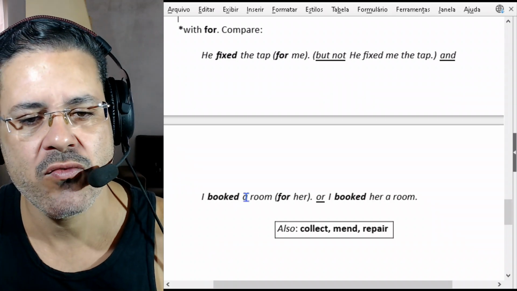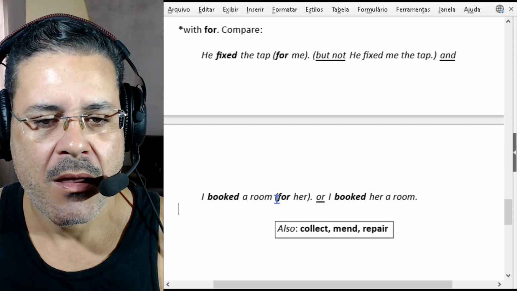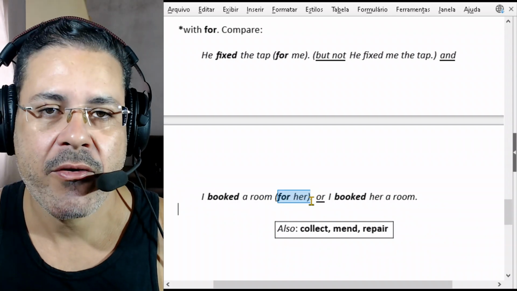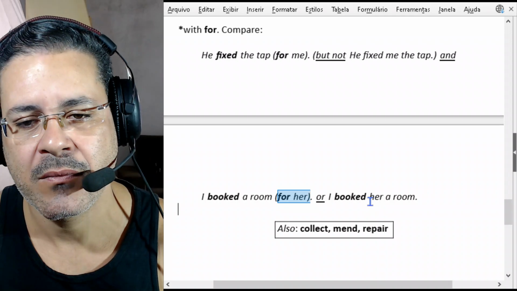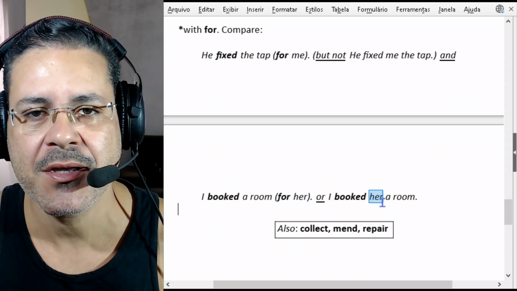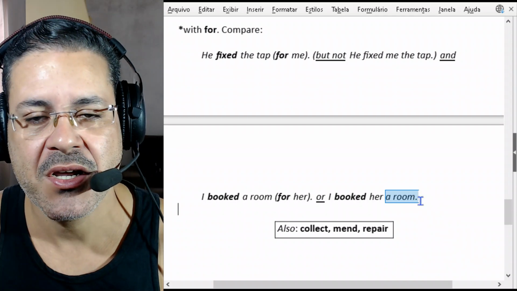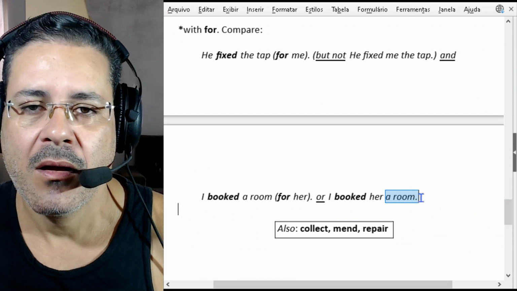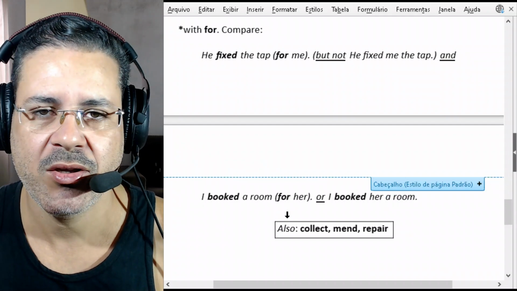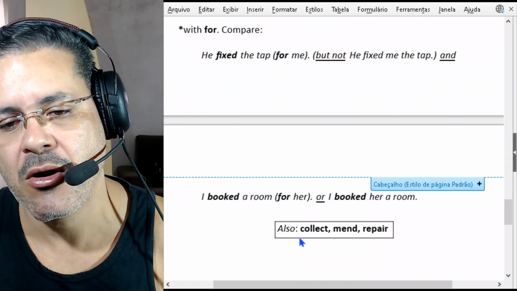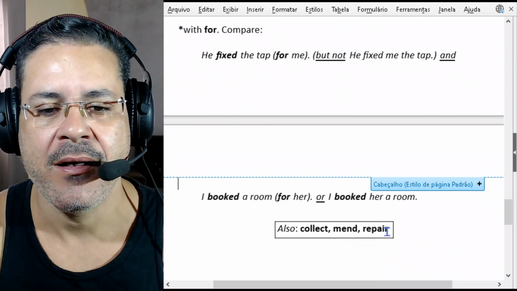I booked a room, this is the direct object, and it needs an indirect object, for her. Or I booked her, indirect object, a room, direct object. That pattern can also be used with the verbs to collect, mend, and repair.